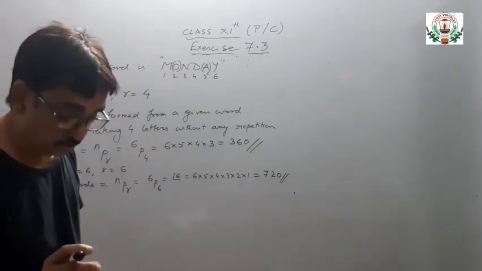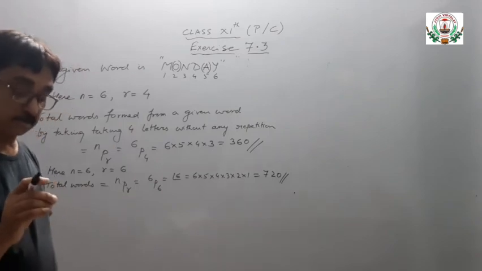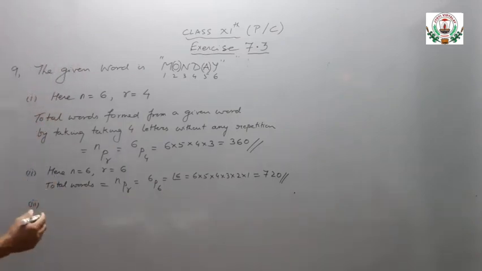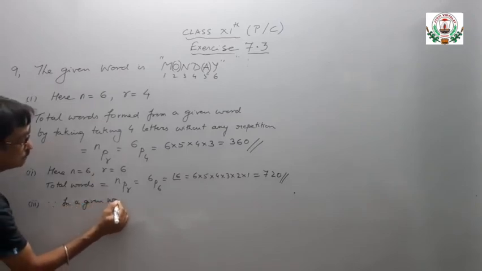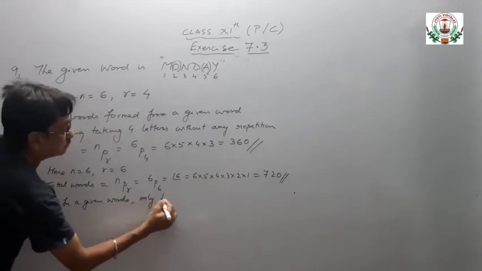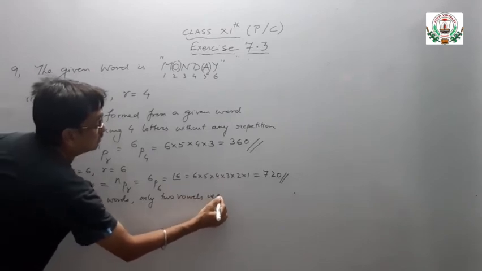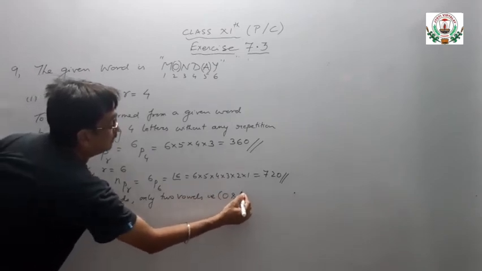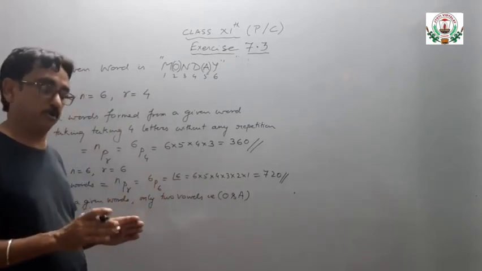Since in the given word there are only two vowels, that is O and A, one of them must come in the first place.